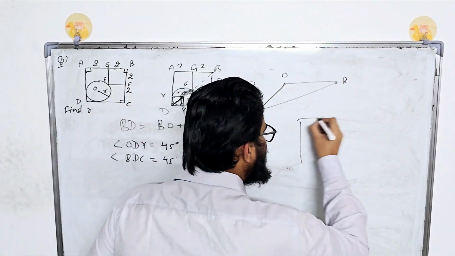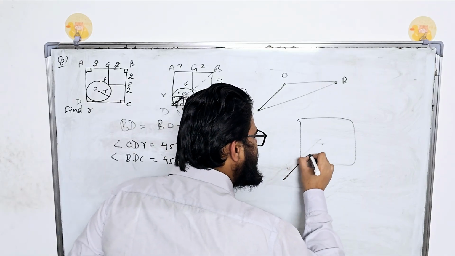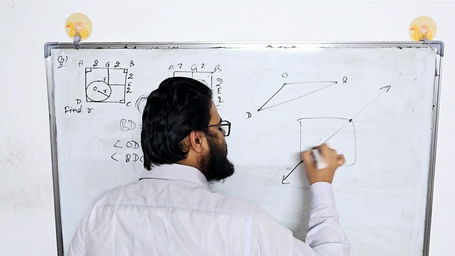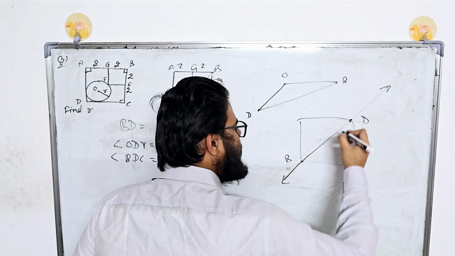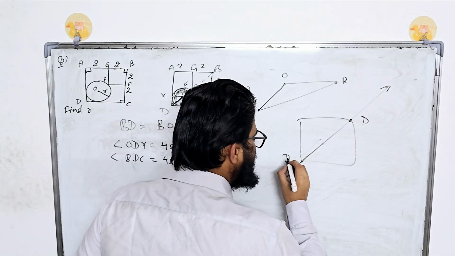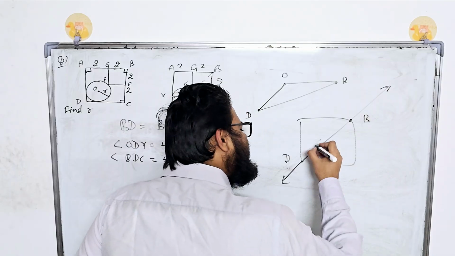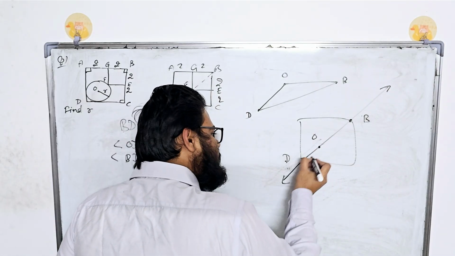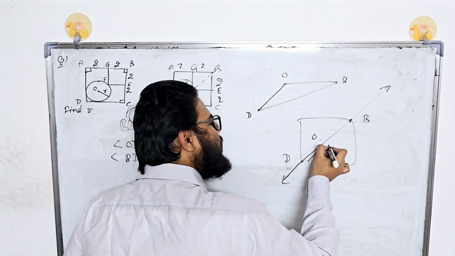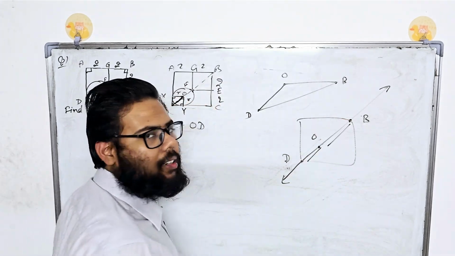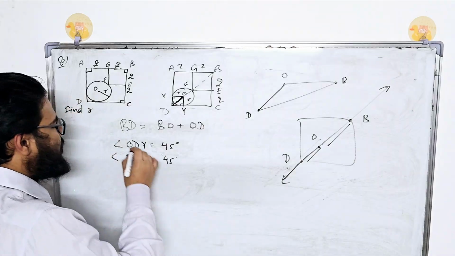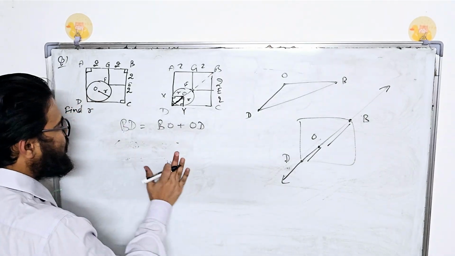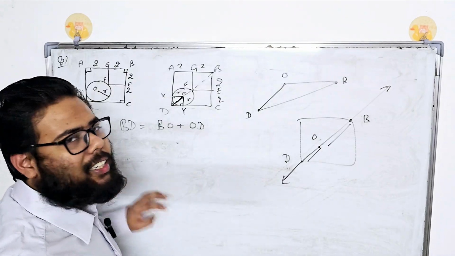By line I mean, suppose this is the line segment, that is the diagonal BD, and there exists a point O over here. So OD and OB lie on this line, so from this we can say that BD is equal to BO plus OD, right? Now since we have proved this claim, let's work on this.